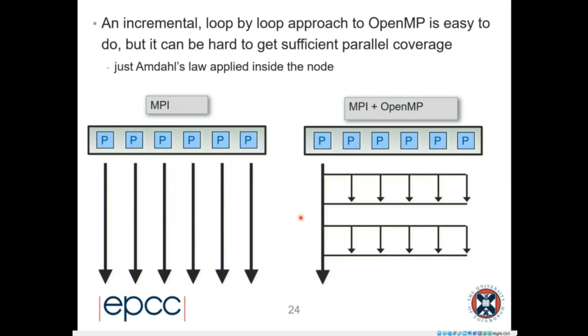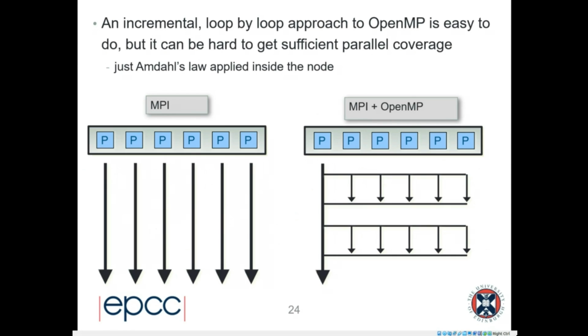The important point is when you launch the MPI process, you are only running on one of these CPU cores. These are idle. They are only used in parallel regions when you spawn the threads. Now, OpenMP is an incremental approach. You can choose not to parallelize this loop and only parallelize this one. But every part of your code which doesn't use OpenMP is running on fewer MPI processes than physical cores.